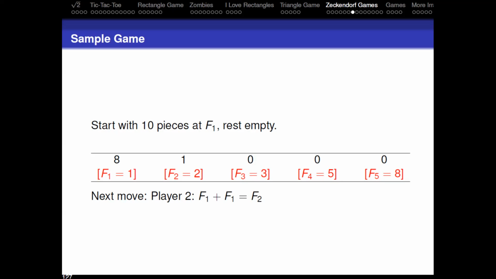So do you agree that this is the only possible opening move? You have to say yes or no. Yes. Okay. You've got to answer so I know if you understand things.